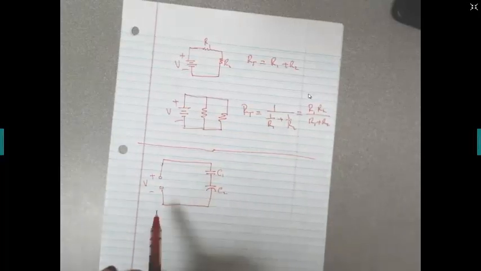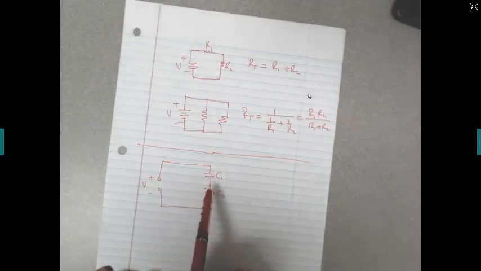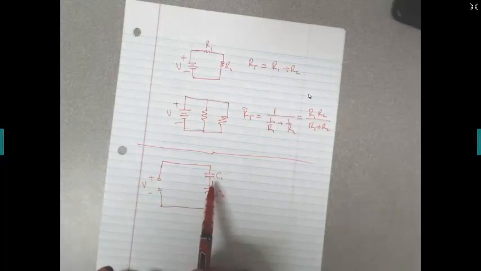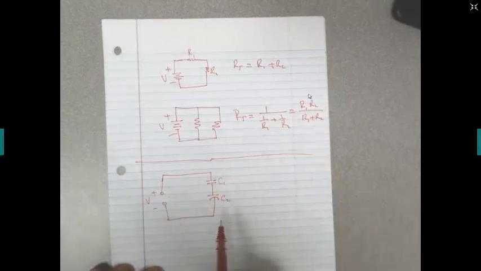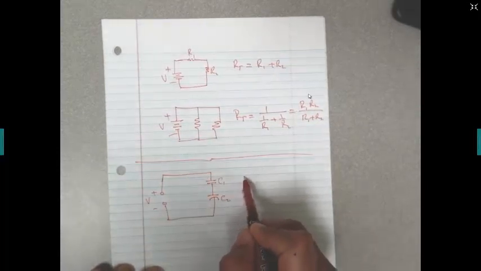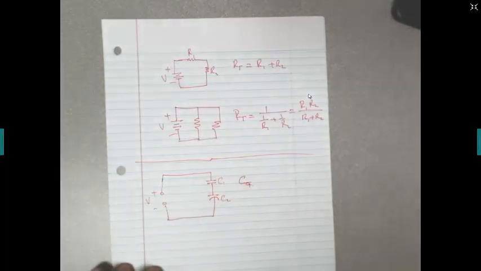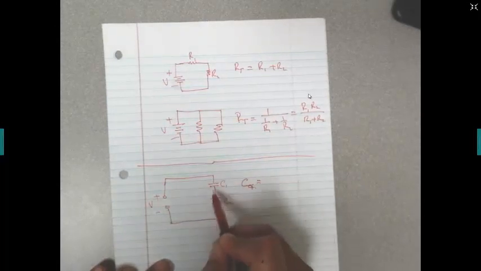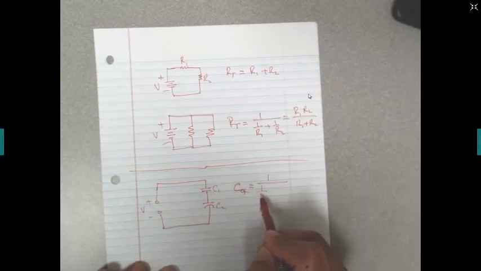Okay, so if we have a source, and a circuit in which we have two capacitors in series like this, we do the opposite of what we do when we have resistors. So the total, or let's say the equivalent capacitance for this is going to be 1 over C1 plus 1 over C2.